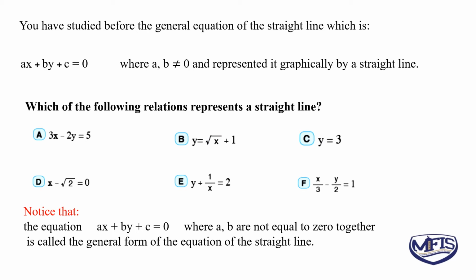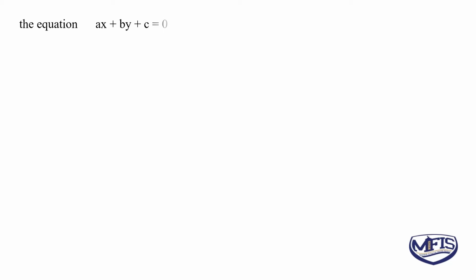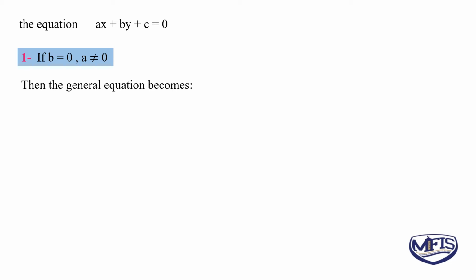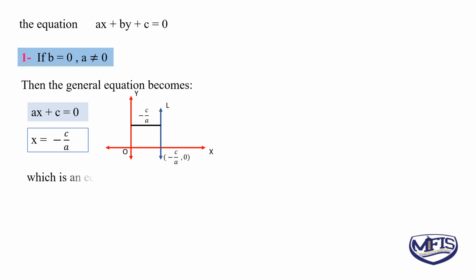Note that the equation ax plus by plus c equals 0, where a and b are not both equal to 0, is called the general form of the equation of the straight line. If b equals 0 and a is not equal to 0, the general equation becomes ax plus c equals 0, so x equals negative c over a.